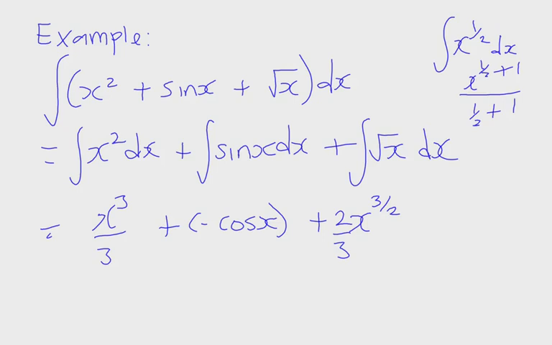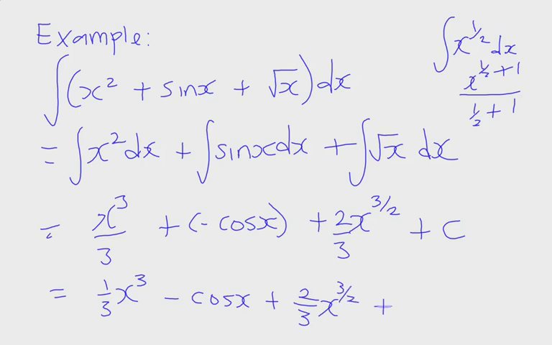When you solve that, that is what you get. Then plus c, the constant term. So that's the answer. We can write it as 1/3 x cubed minus cos x plus 2/3 x to the power 3/2 plus c. So that's the solution.